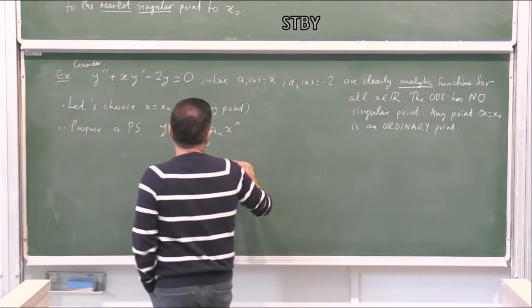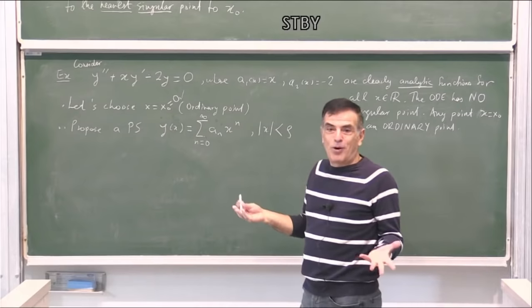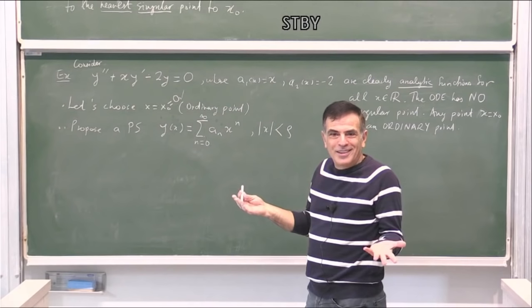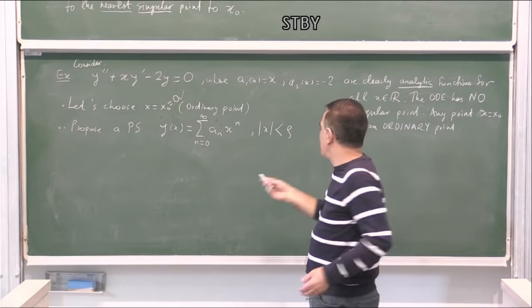But any point can be taken as an ordinary point. The theorem tells us that the radius of convergence rho is determined by the nearest singular point. But there is no singular point at all.